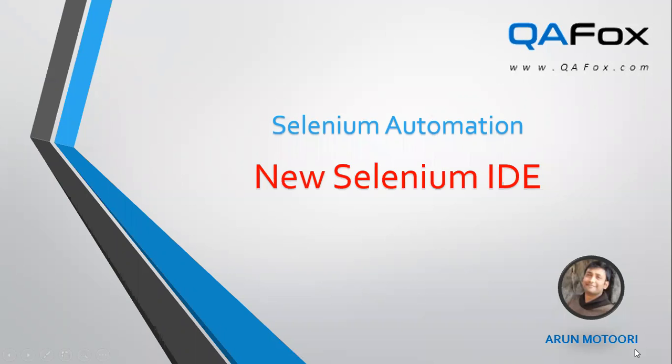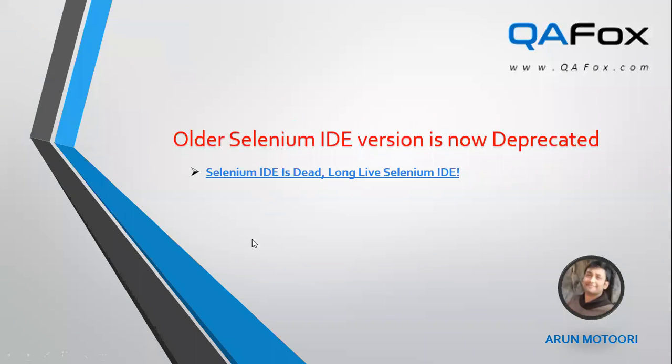This is Arun Motori. In this Selenium automation session, I will be explaining about the New Selenium IDE. So what is New Selenium IDE? Guys, we used to have an older version of Selenium IDE earlier. Now it got deprecated, guys. It got completely removed.